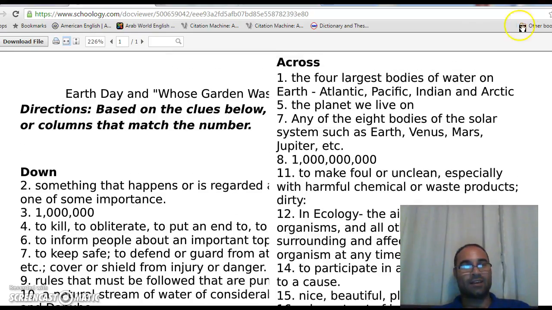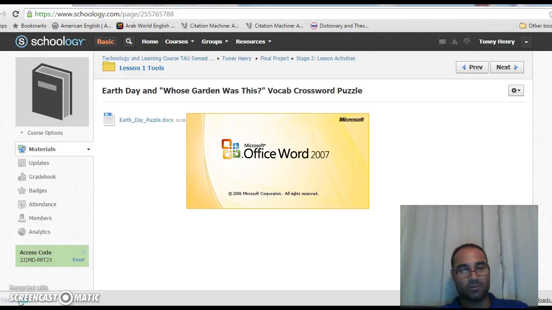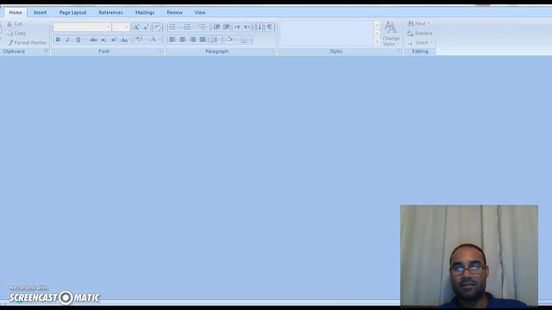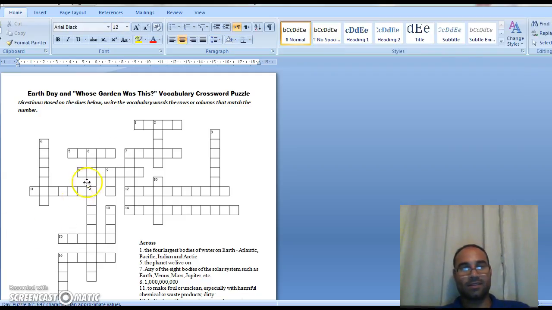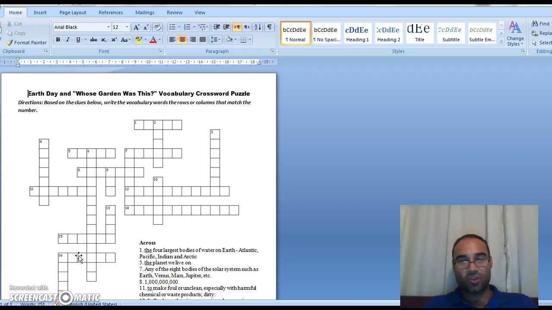You'll of course have to download it because for some reason it doesn't show the actual puzzle here. Let's open it up here this way. Open, open, open. And so this is it right here. And then on the next screencast, I'll show you the homework assignment, which are the flipped classroom activities, which segue into lesson 2.